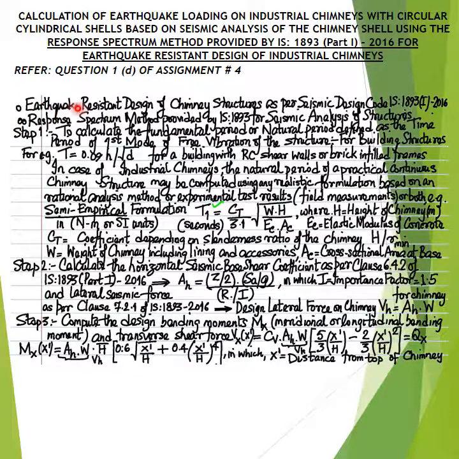The earthquake loads acting on chimney structures that need to be accounted in the structural design of the chimney shell are calculated by performing a seismic analysis of the chimney shell based on the response spectrum method provided by IS 1893 for seismic analysis of structures, that is, the structural analysis of industrial chimneys to calculate the design earthquake forces for the purposes of structural design of industrial chimneys.